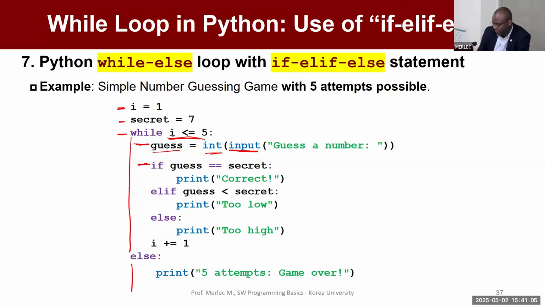If it matches, I write correct. If not, I can give a hint to the user by saying whether the number is too low or too high. To implement such logic, I use elif. So I check whether the guess is less than secret. If it's less than secret, I print too low. Else, I print too high.